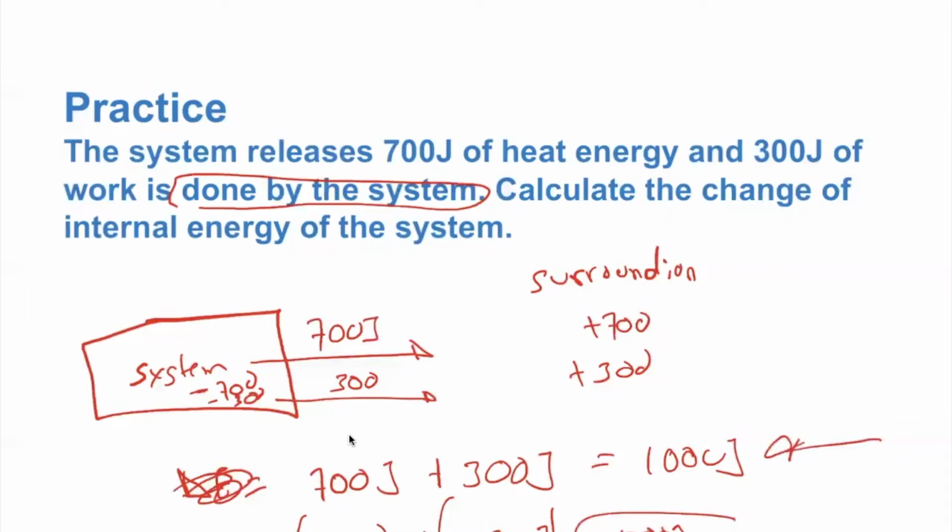I'm asking you with respect to the system. And that's important because in physics, they tend to do it from the point of view of the surroundings. We do it from the point of view of the system.